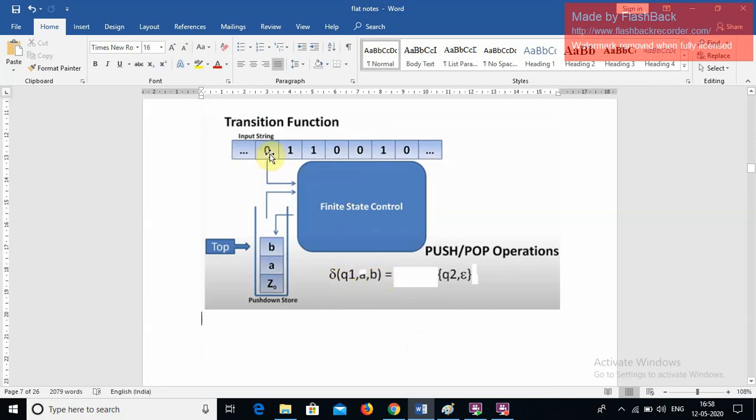That means the input is 0 and the stack symbol is b, and we give q2, epsilon here. Epsilon means there is no new variable to be inserted into the stack. So the finite state control pops the b from the stack, and it pushes epsilon into the stack.